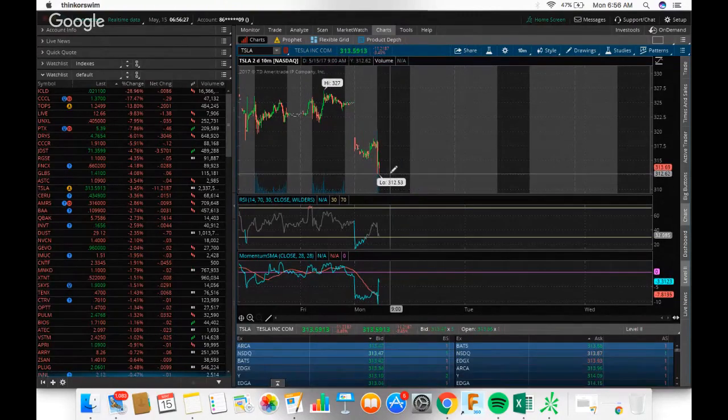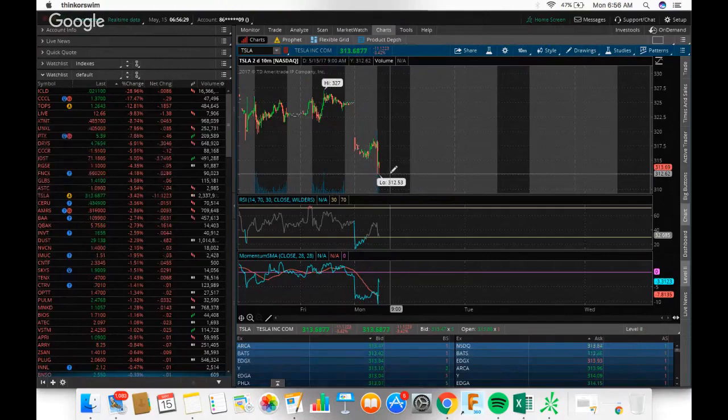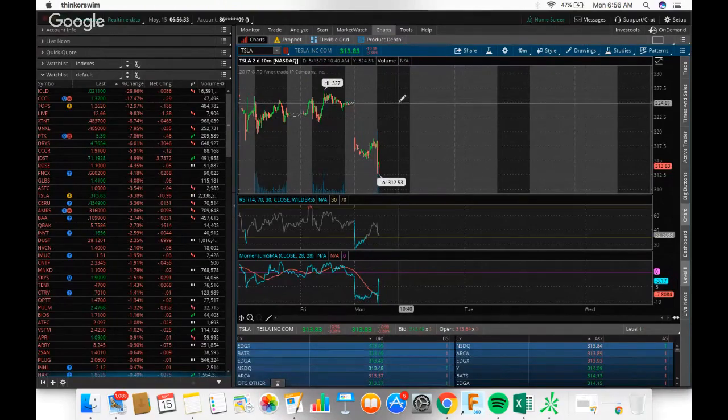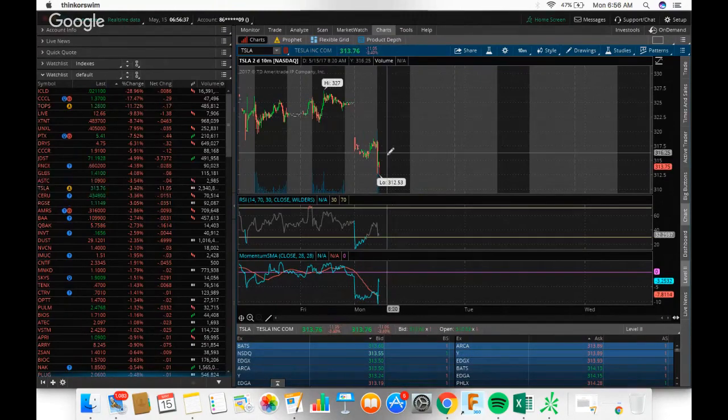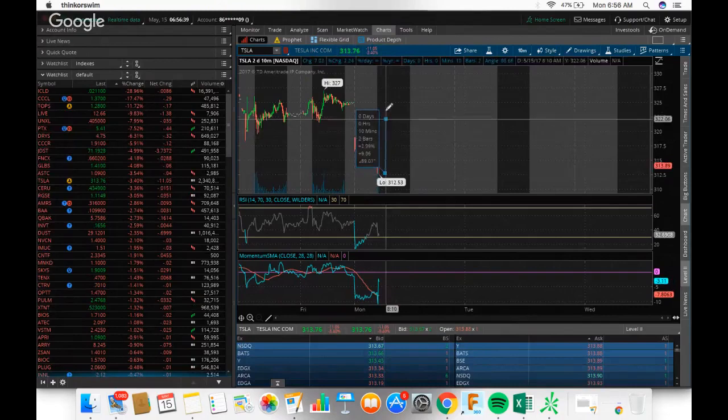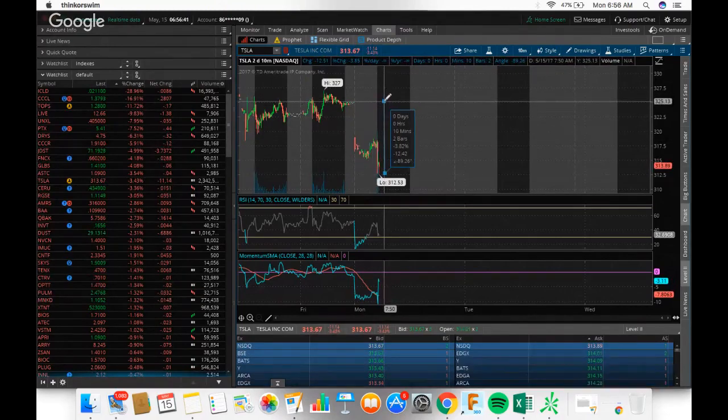So my plan is to buy in around where I did right now, about 312.91, and sell anywhere back around where it was previously, around 325 to 324. That margin for profit, if I'm calculating it properly, is about 3.82% if everything goes according to plan, or 3.7%.